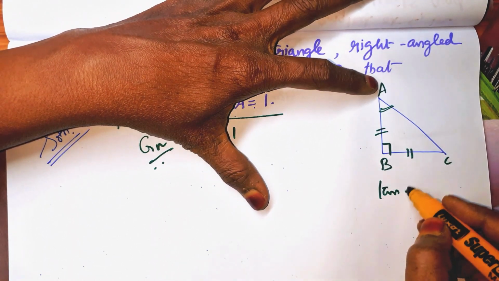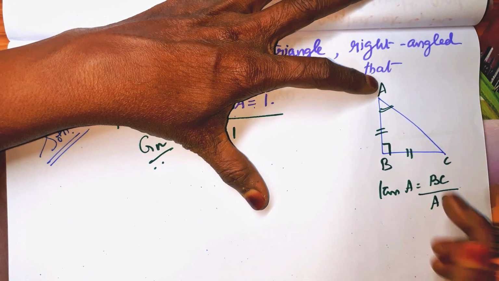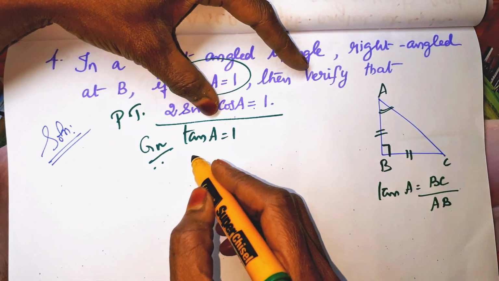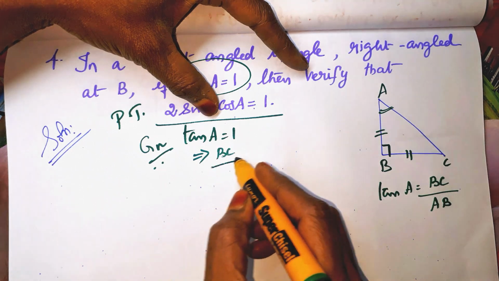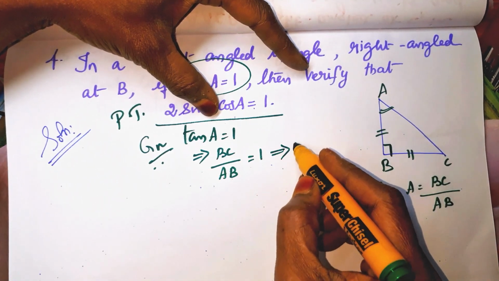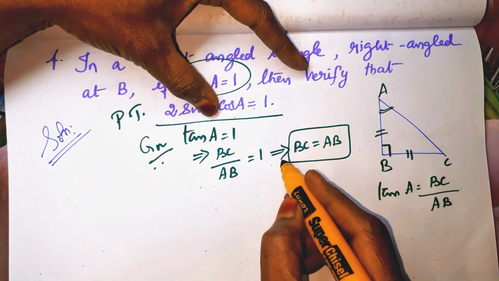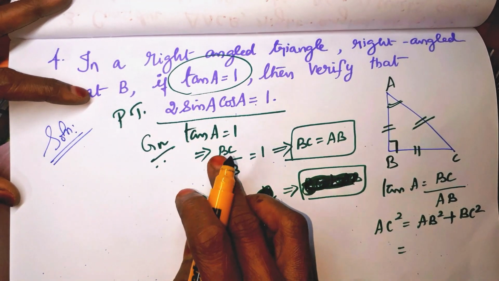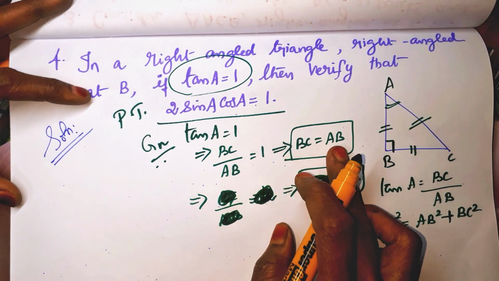So tan A is equal to BC by AB, which implies BC by AB is equal to 1, which implies BC equal to AB. So we are getting this one. So AC squared is equal to AB squared plus BC squared.